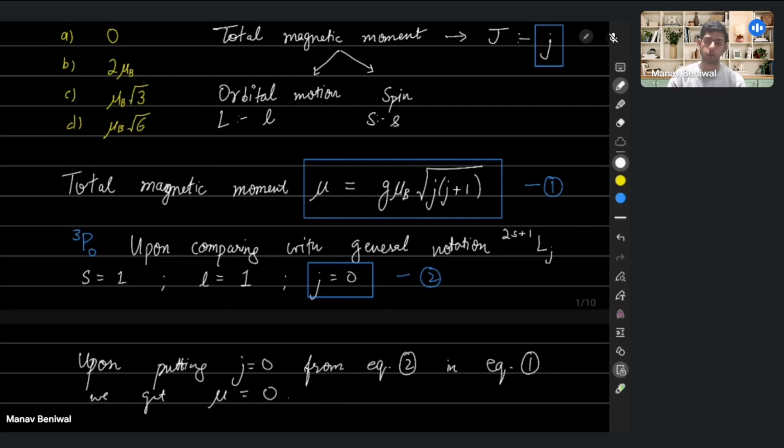So the quantum number corresponding to total angular momentum is 0, and therefore we can see that our total magnetic moment will also be 0. Therefore A is the correct answer.